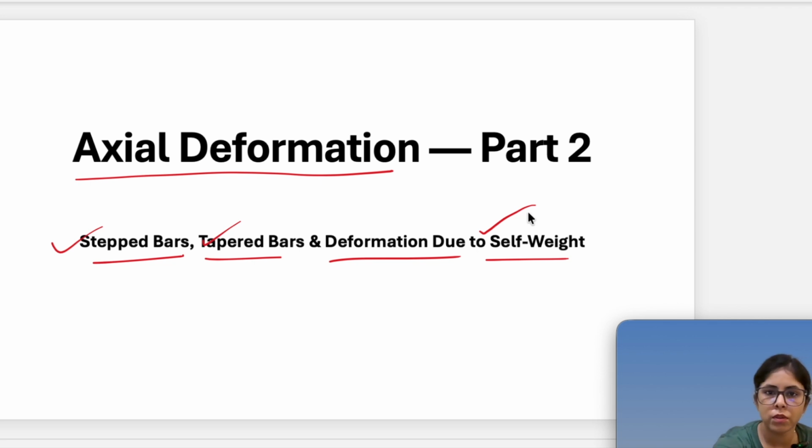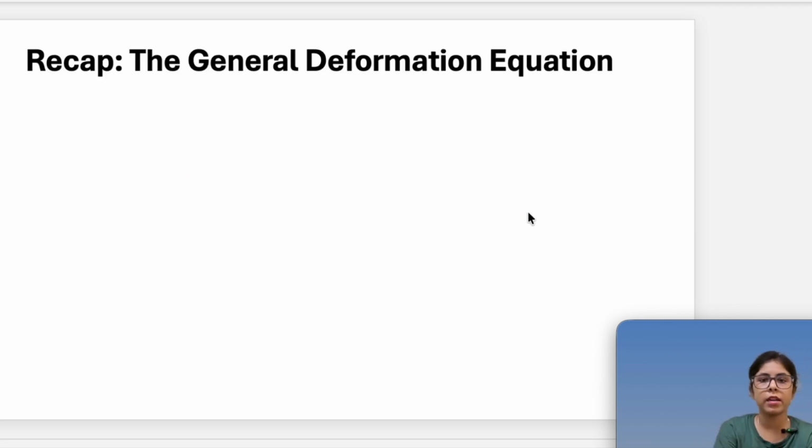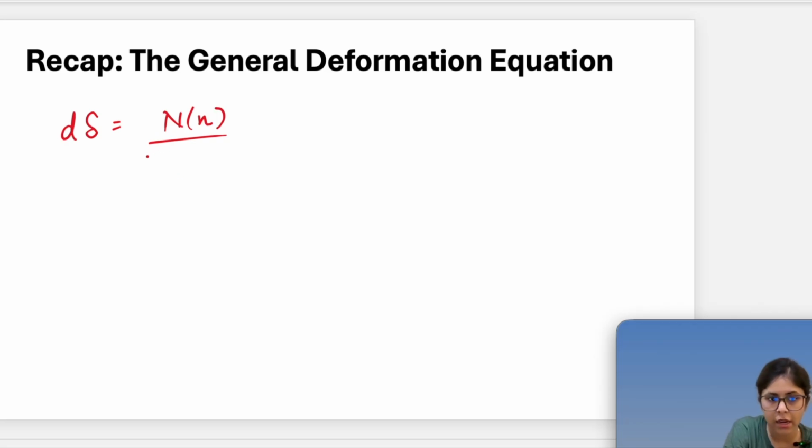Okay, so let's see what we calculated till now. We had the general equation: d del L is nothing but force upon area into modulus of elasticity into dx, right?